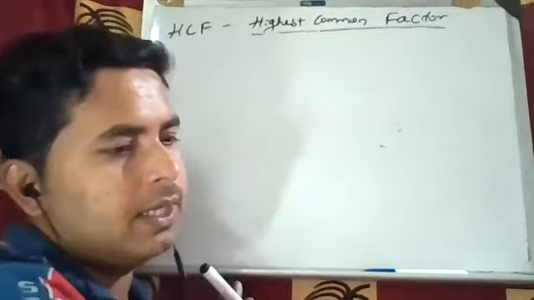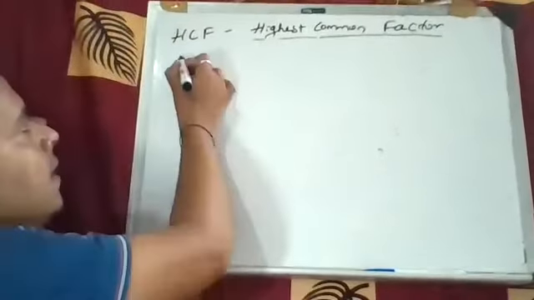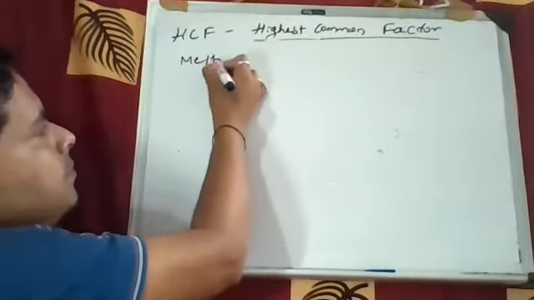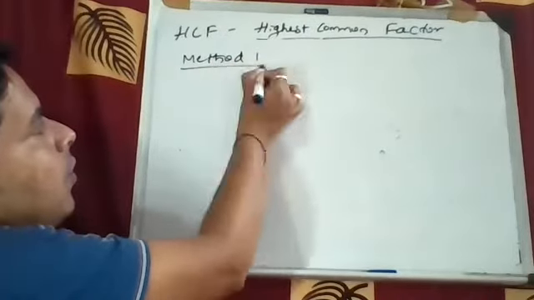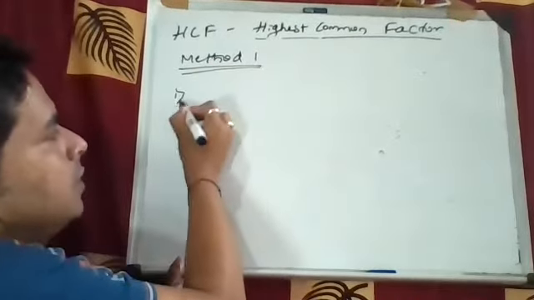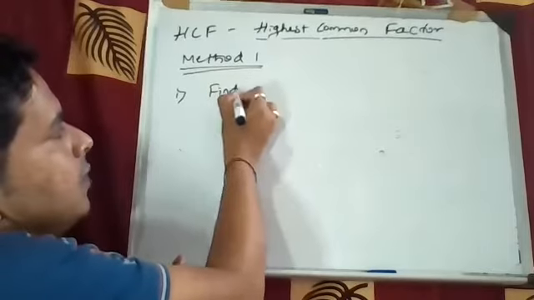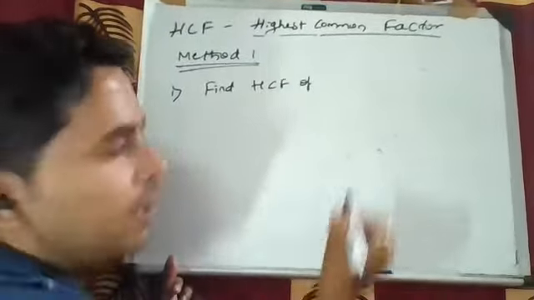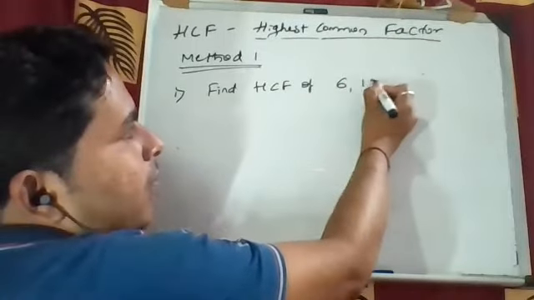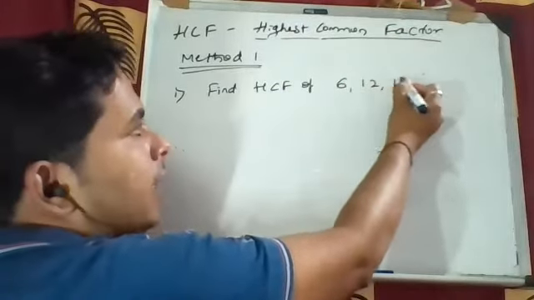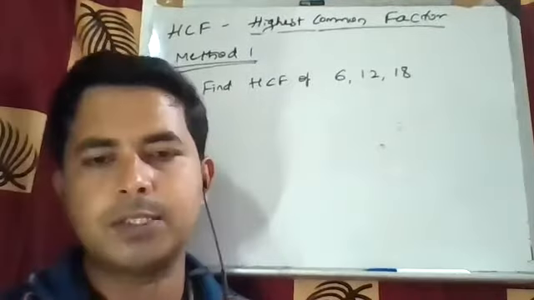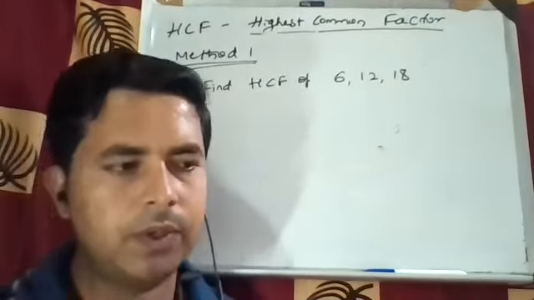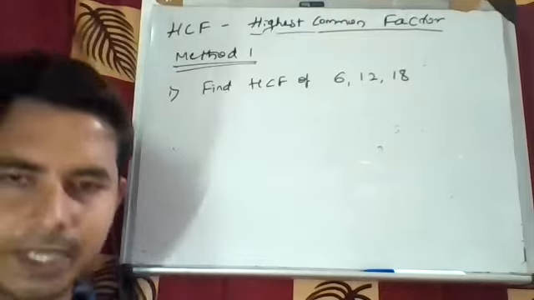For example, I'll take one question, for method 1. Find the HCF of 6, 12 and 18. What is the first step?